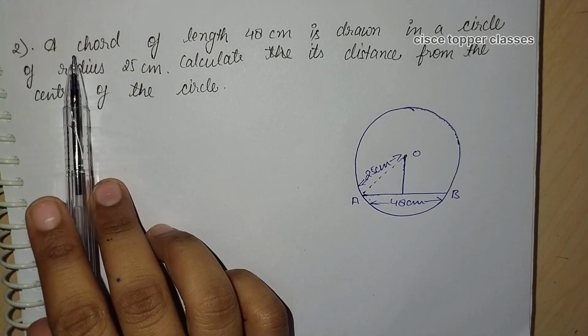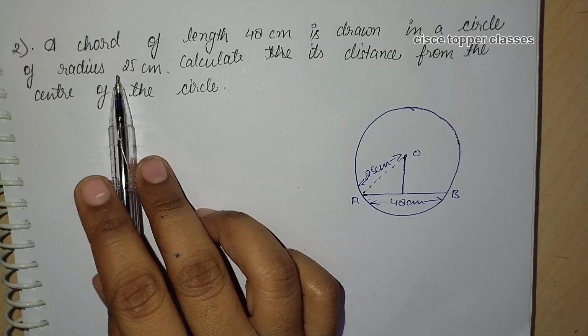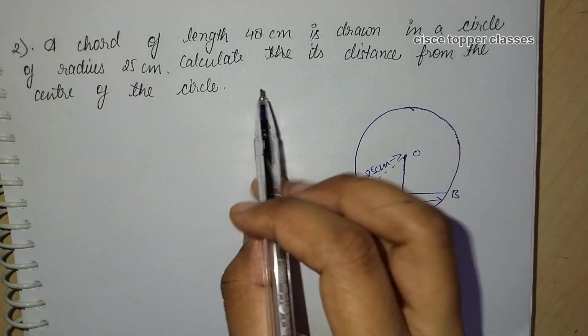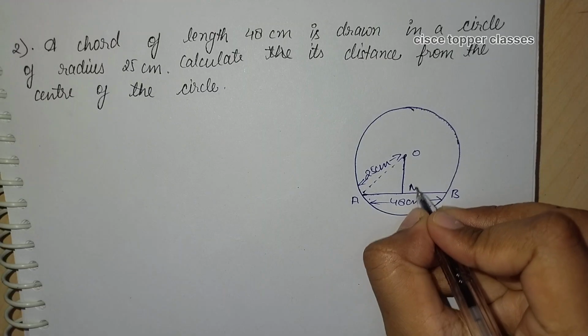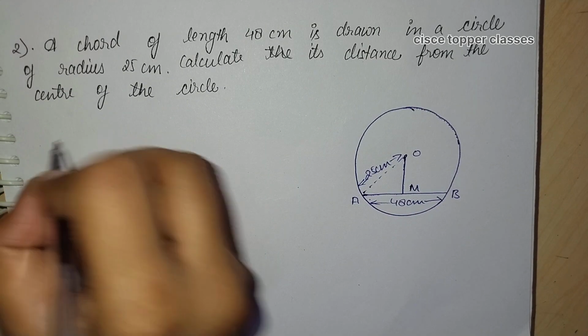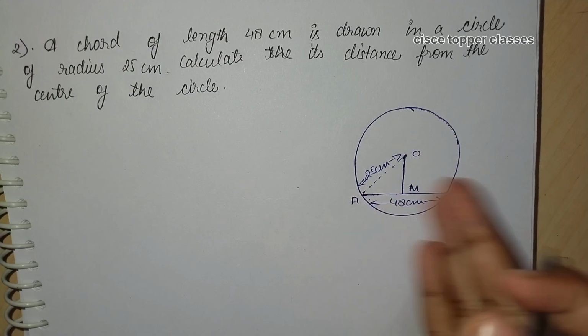Now the second question. A chord of length 48 cm is drawn in a circle of radius 25 cm. This is the radius. Then calculate the distance from the center of the circle, means this OM we have to find. Because this is a line perpendicular to AB, it bisects AB.